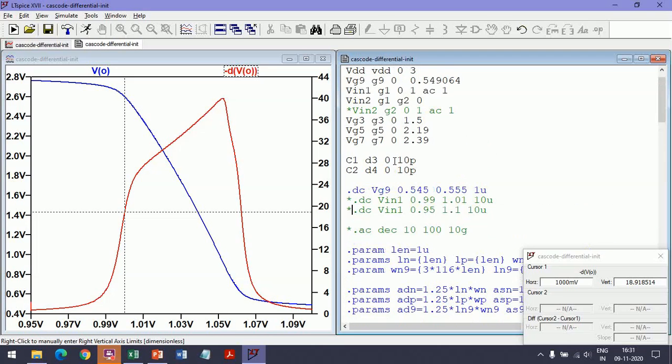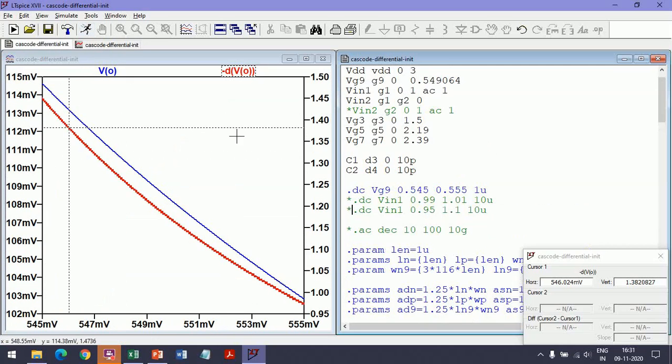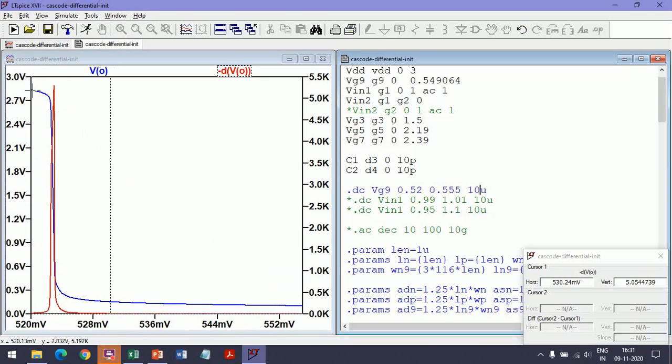Everything is so sensitive to VG9 that we have to sweep VG9 to make sure we choose the right VG9 to keep everything in saturation. So I need to increase this range. Let's make it 0.52, maybe 1 micron is too little. So it is here.